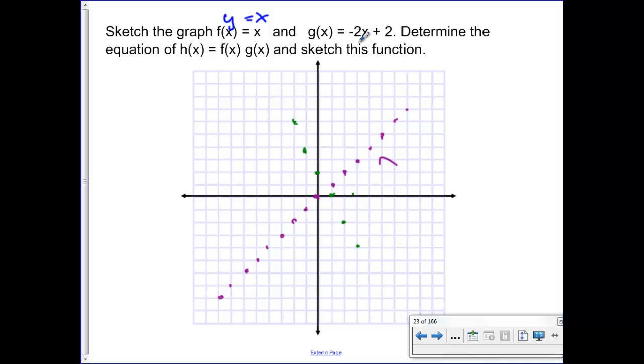Because it's rise over run, negative 2 over 1 is your rise over your run. And this plus 2 is your y-intercept right here too.